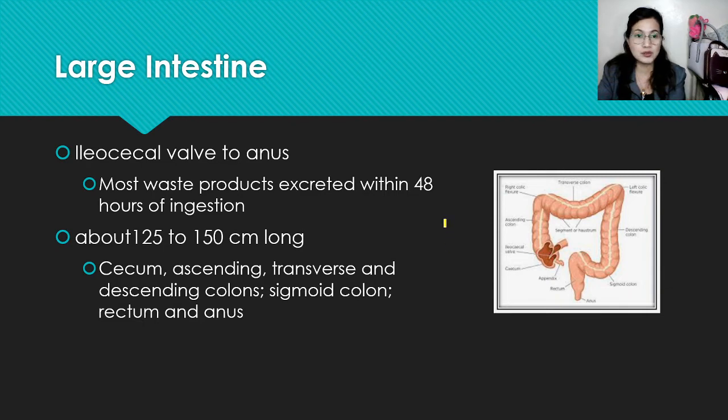This is where most waste products are excreted, within 48 hours of ingestion. It is about 125 to 150 centimeters long, with parts such as the cecum, ascending, transverse, and descending colons, sigmoid colon, rectum, and anus.